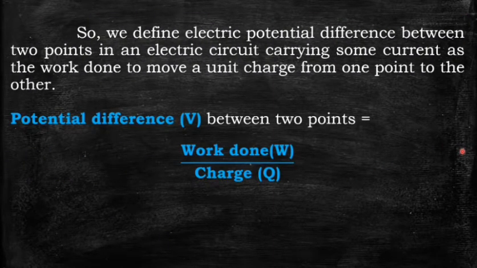So we define electric potential difference between 2 points in an electric circuit carrying some current. In an electric circuit there will be 2 points, positive and negative, carrying some current, that is, electricity from the positive side to the negative side.